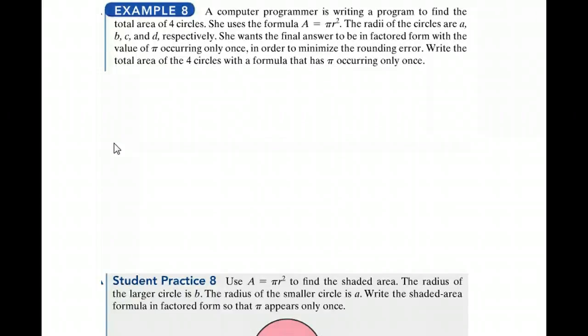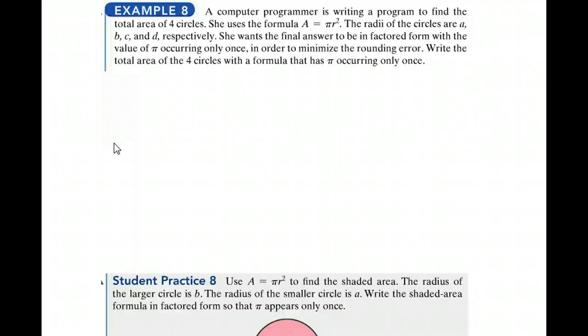Example 8 is a real-world problem that shows us an application of how factoring can be useful to us. It says that a computer programmer is writing a program to find the total area of 4 circles. She uses the formula A equals pi r squared.